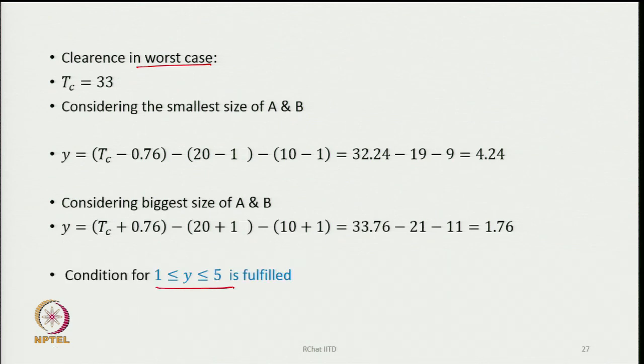The requirement was y should be between 1 and 5. So, in this case, you see the worst case scenario, the y value in one case may come 4.24 or it can come 1.76. So, it is greater than 1, but less than 5. So, it is then fulfilled. The requirement is now fulfilled.